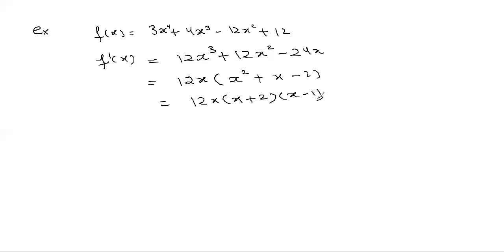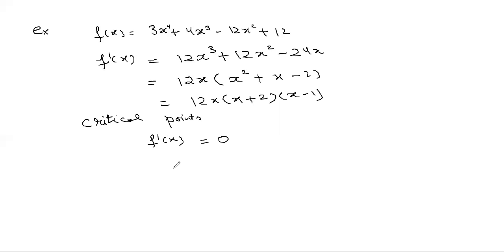So here the application of first and second derivative tests are both quite easy. We have to test the behavior of the function at three critical points, which are respectively minus 2, 0 and 1. The critical points are obtained when we equate the first derivative of the function to 0.